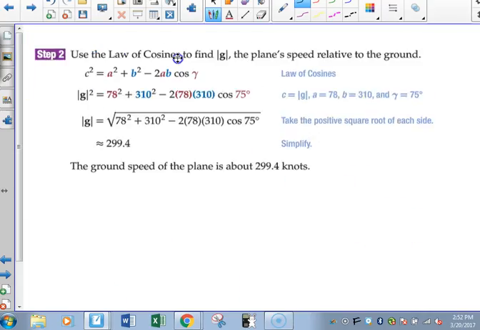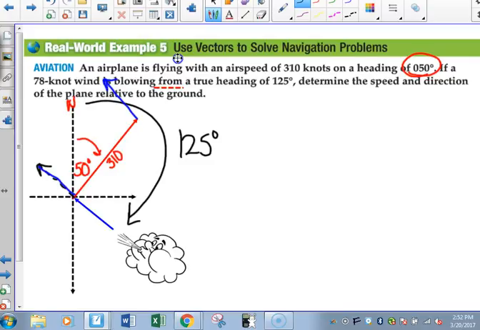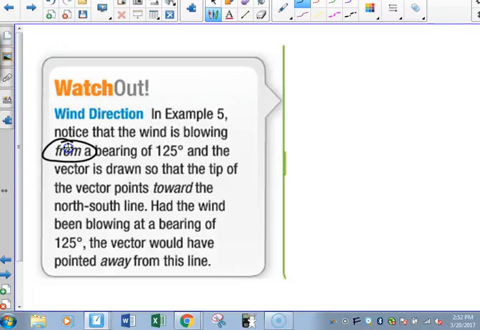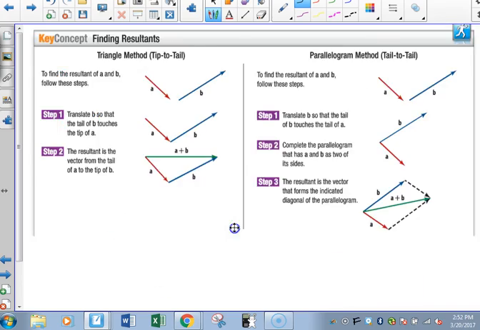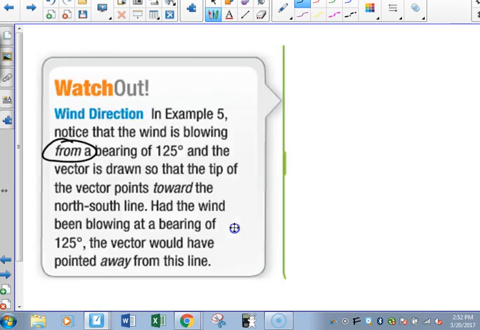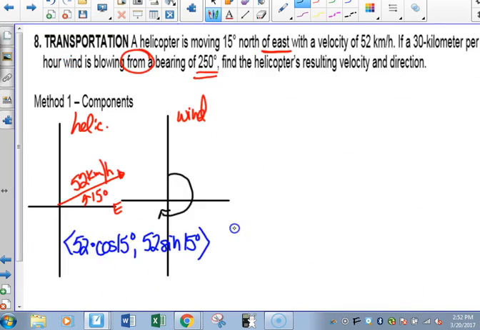Well, here was my little picture on Friday. When it says from, it's like the wind is blowing it through the origin. The little note here says when it's blowing from, the vector is drawn towards the north-south line. When it is blowing at a bearing of 125, it's blowing away from the north-south line. So, sorry, can't find the right one.